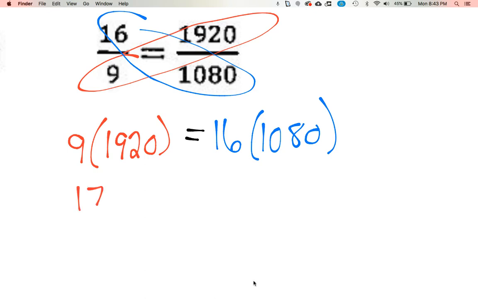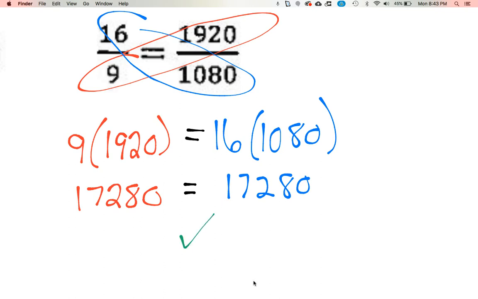Which is 17,280 equals 17,280. So that means that that picture, that image, would fit on that television and nothing would be left over.